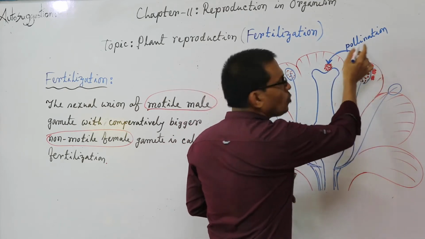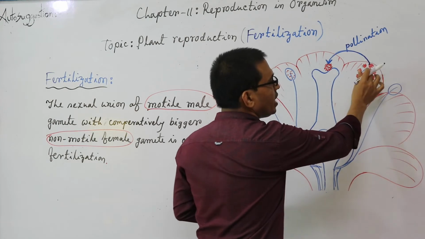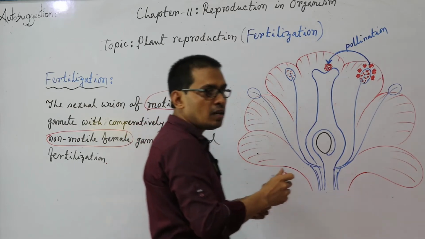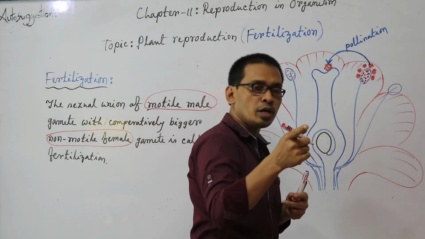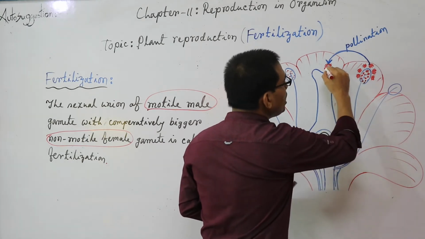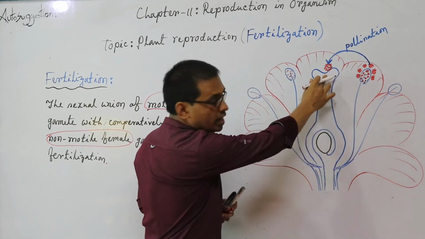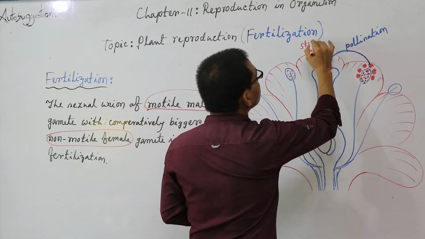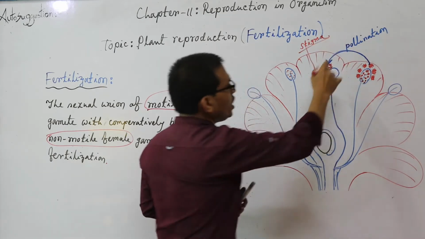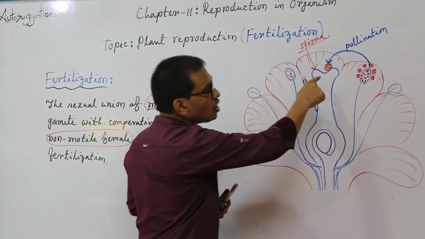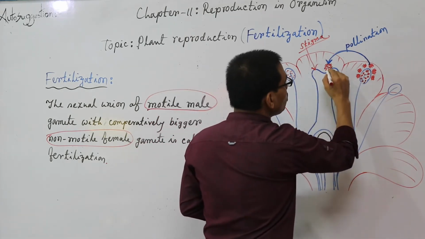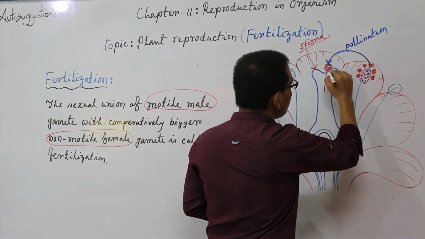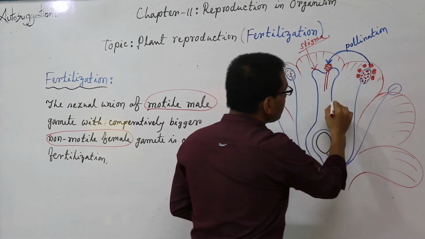So by the process of pollination, the pollen grain transfers from the anther to the stigma. Inside the pollen grain, a pollen tube is formed, and inside the pollen tube male gametes are formed. When the pollen grain falls on the stigma, its pollen tube penetrates the style.